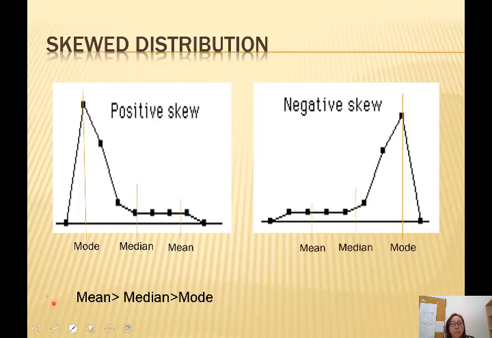In a negative skewed distribution, of course, the mode is where the hump is, similar to that of the positive skewed distribution. And the mean is skewed down because of the low numbers here, and again, therefore not representing the entire data. The median only calculates from the lowest point halfway up to find the middle number, and the median then is a better average in a negative skewed distribution.